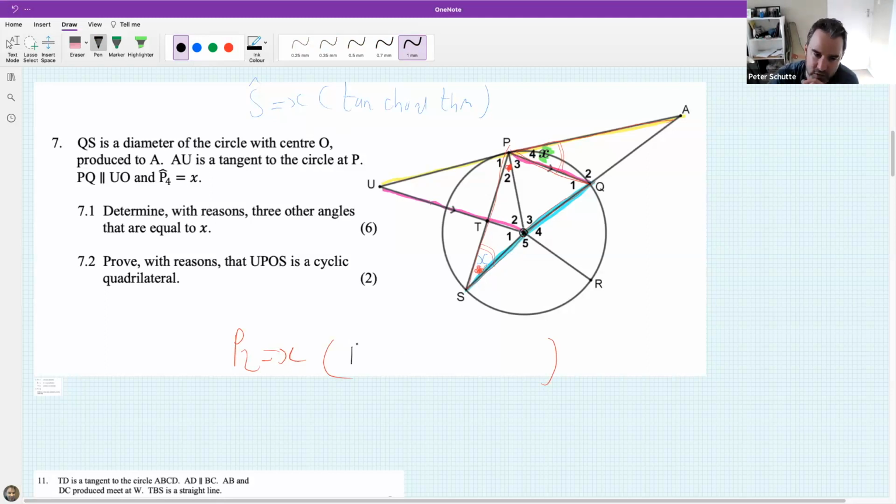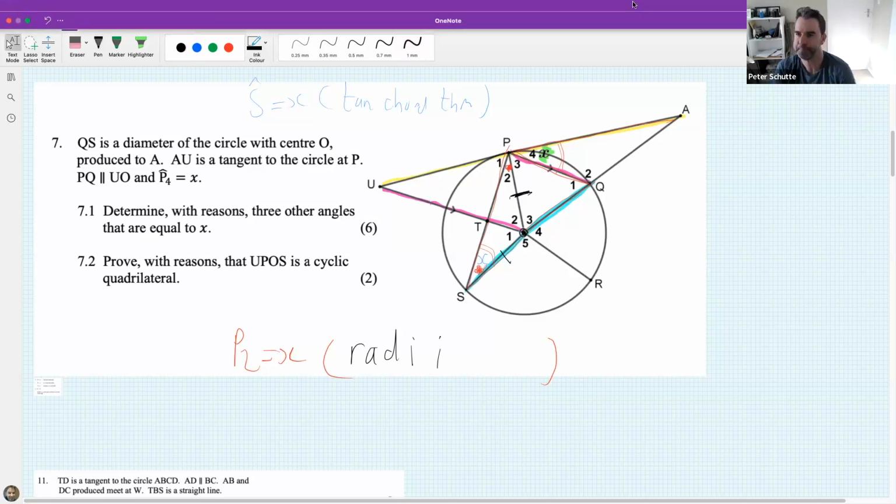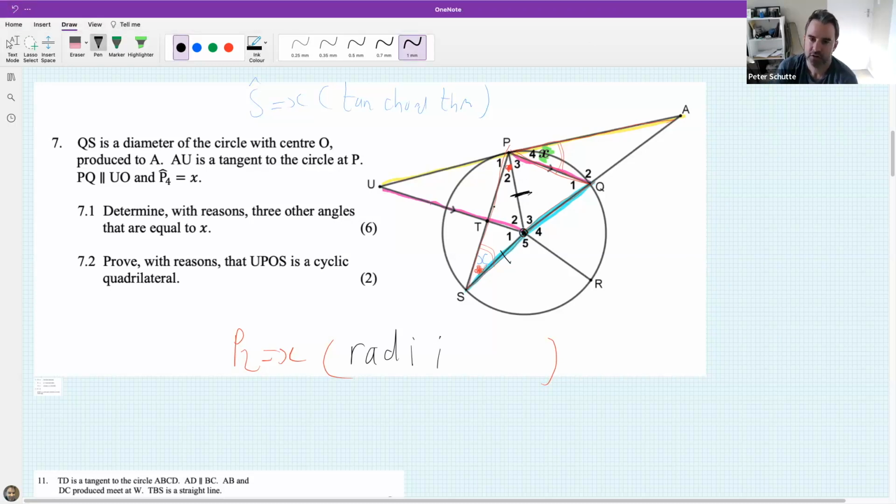So I think the reason is, and Bom agrees, it's radii. These two have to be an equal length because they are radii, so we know that this one over here is going to be an X.